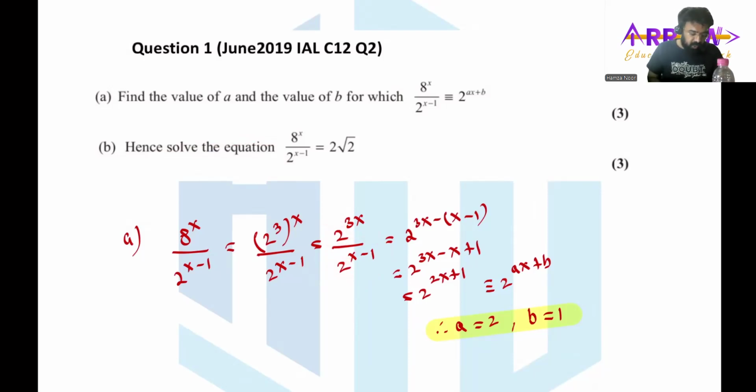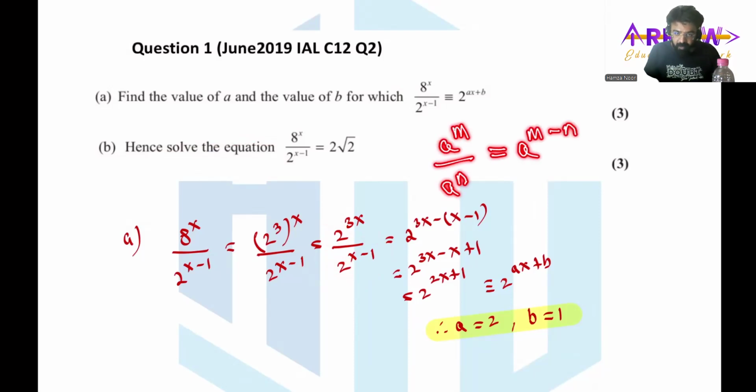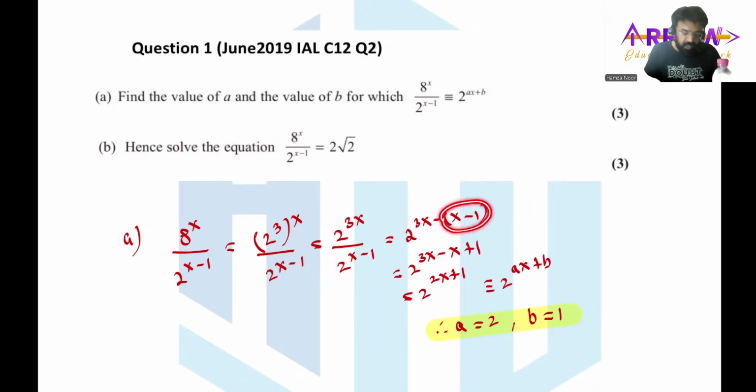As we have studied, a raised to the power of m divided by a raised to the power of n is exactly the same as a raised to the power of m minus n. So 2 raised to the power of 3x minus bracket x minus 1 bracket close, which means 2 raised to the power of 3x minus x plus 1. So this becomes 2 raised to the power of 2x plus 1.